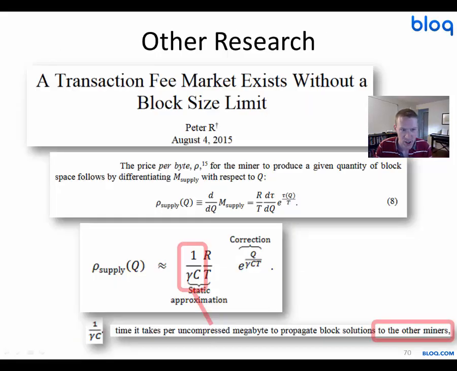So believe it or not, this is actually consistent with Peter R's paper. I looked it up specifically. This is the supply curve, the cost for the miner to produce a given quantity of block space. And this term here, 1 over gamma c, is defined as the time it takes per uncompressed megabyte to propagate block solutions to the other miners.